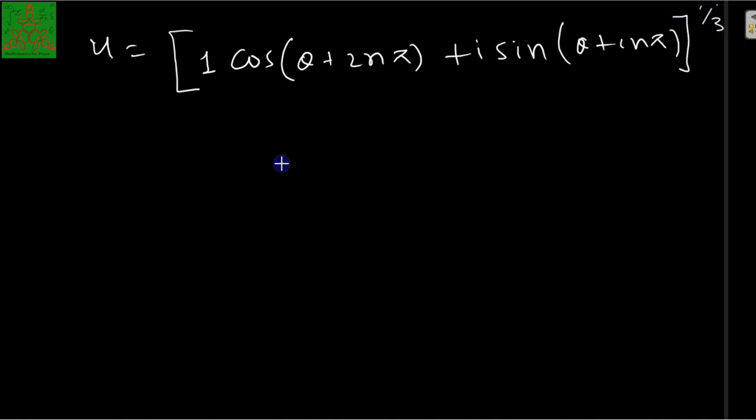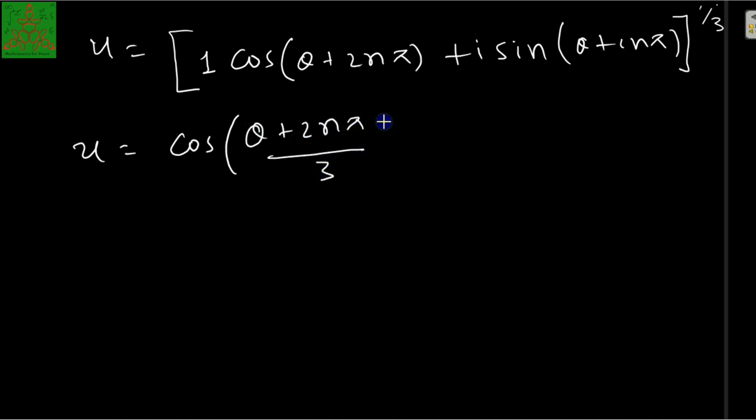Using De Moivre's theorem, we can have the three roots, that is u equal to cos of (theta plus 2n pi) by 3 plus i sin of (theta plus 2n pi) by 3.